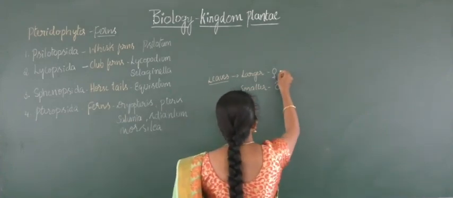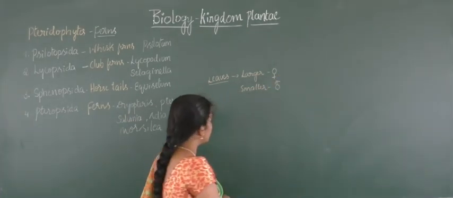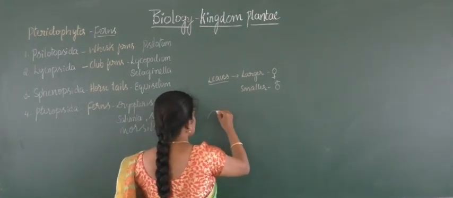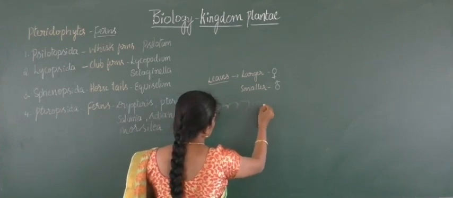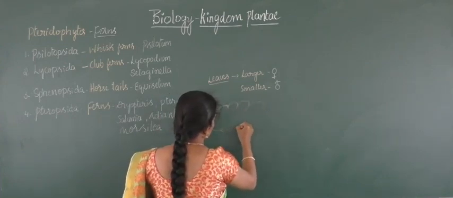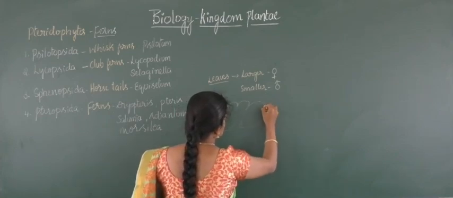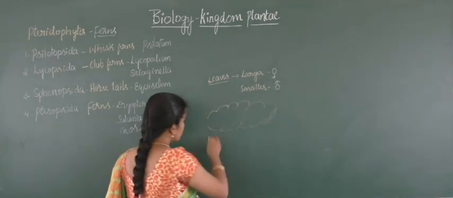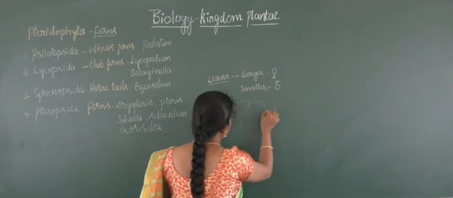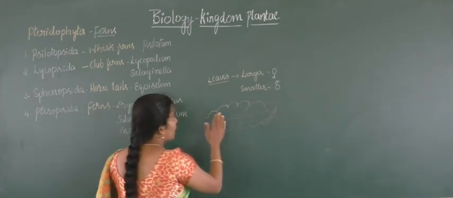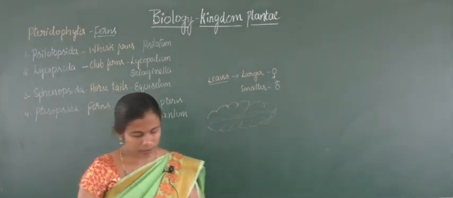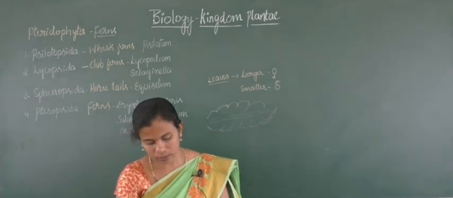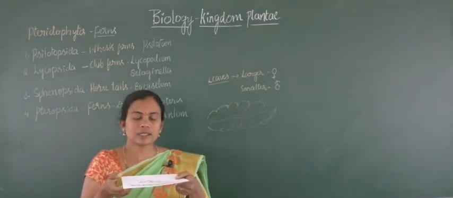Why? If you consider this as a leaf, and this as one of the veins, we find there are two surfaces on a single leaf.